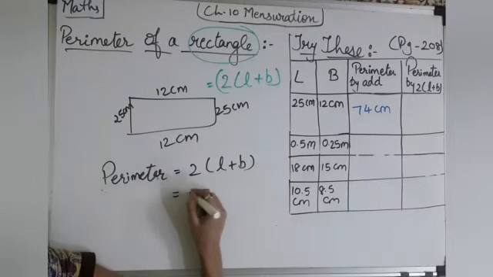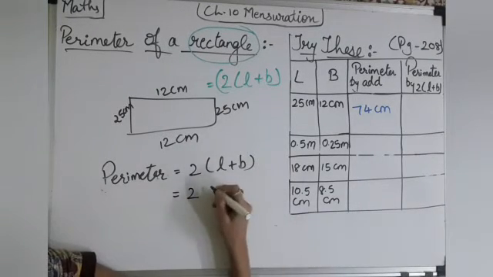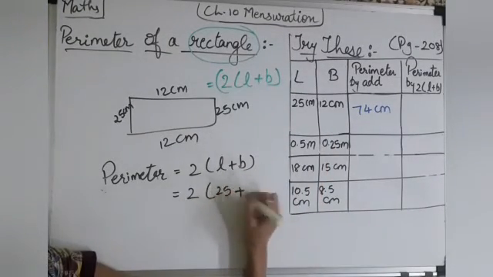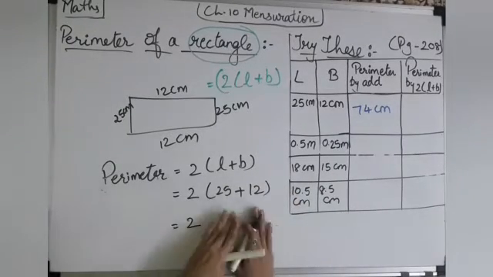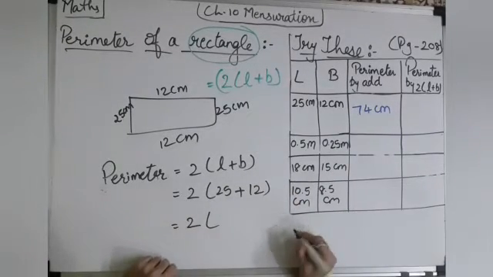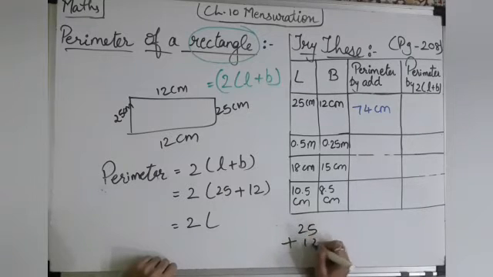So L is 25 and B is 12. What will we do here? First we will add. So 25 plus 12. 5 plus 2 is 7 and 2 plus 1 is 3. So 37 is our answer.